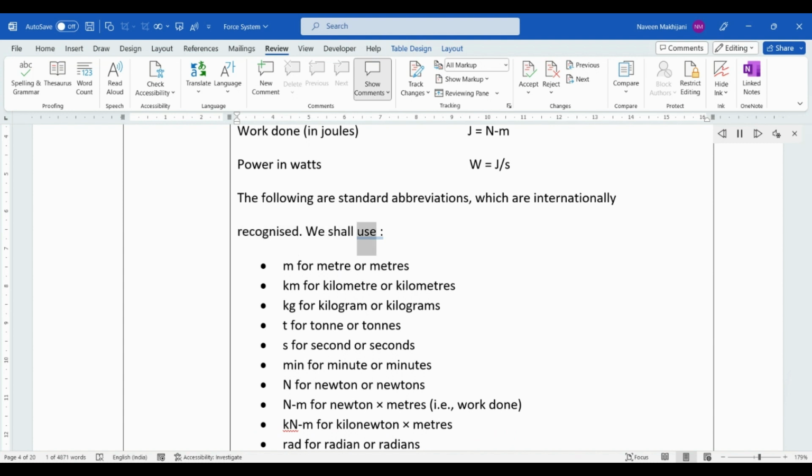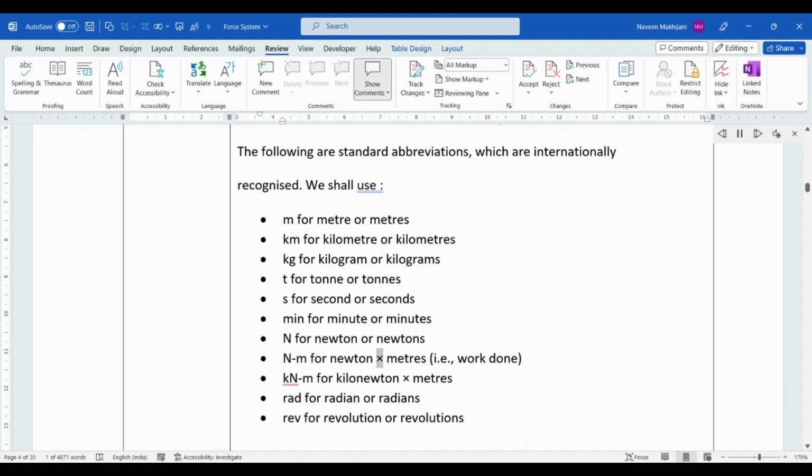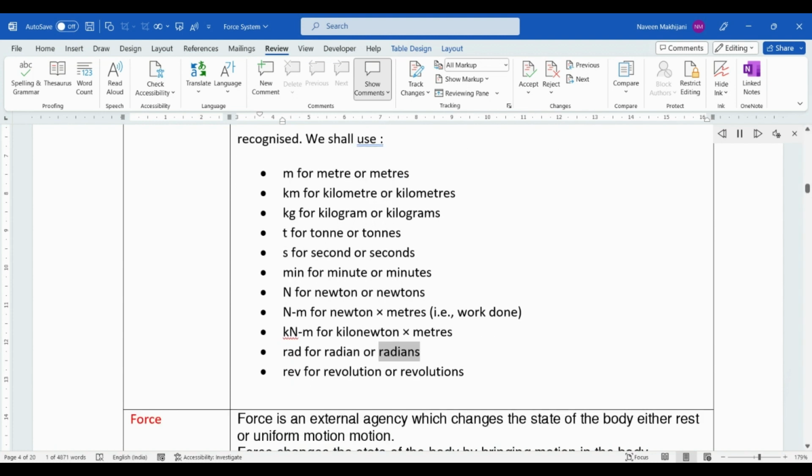We shall use m for meter or meters, km for kilometer or kilometers, kg for kilogram or kilograms, t for ton or tons, s for second or seconds, min for minute or minutes, N for newton or newtons, Nm for newton meters, i.e., work done, kNm for kilonewton meters, rad for radian or radians, rev for revolution or revolutions.